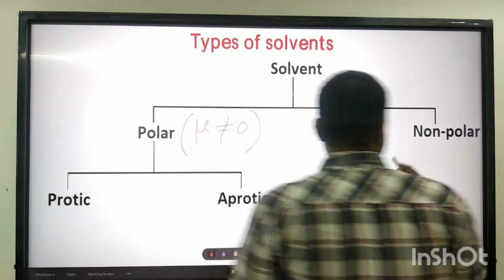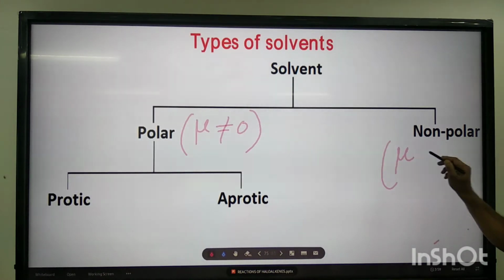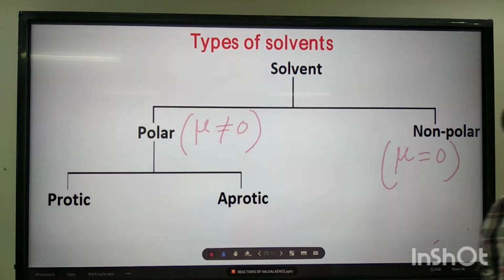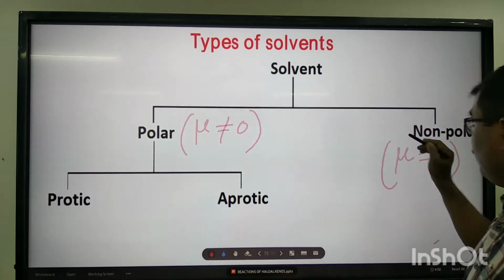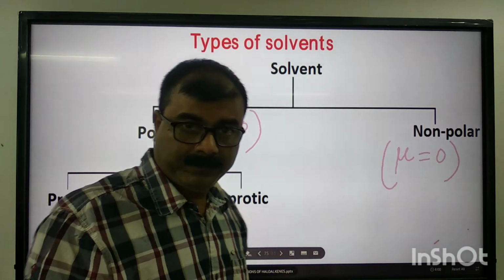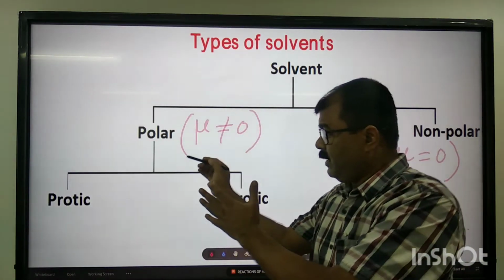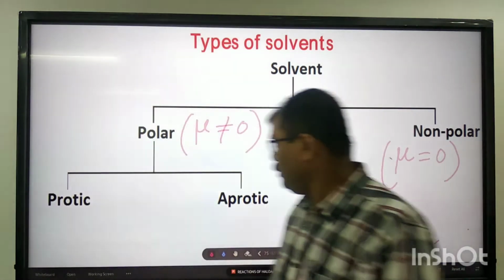If the net dipole moment of a solvent molecule is equal to 0, then we will say that is a non-polar solvent.